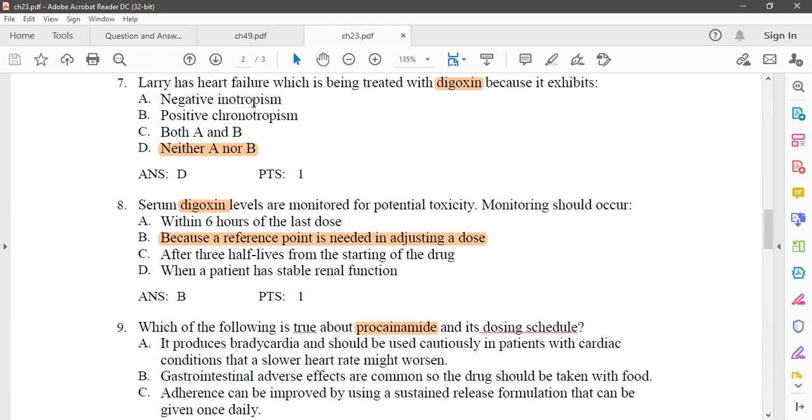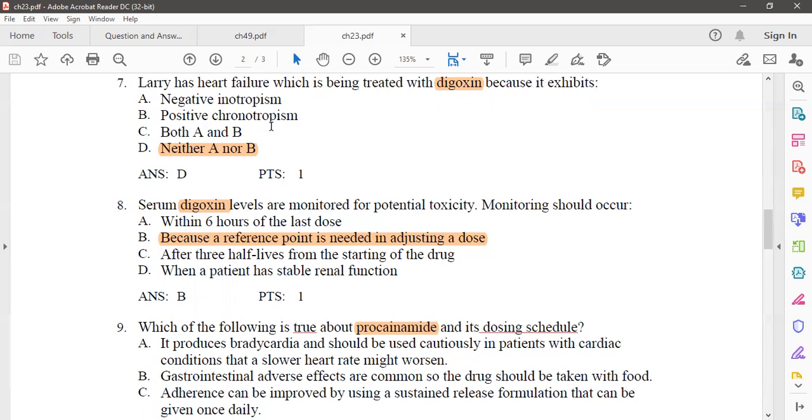What is inotropic or chronotropic effect? Any stimulation of the beta 1 adrenergic receptor in the heart results in a positive inotropic effect, which means increased contractility of the heart, and a positive chronotropic effect means increased heart rate.